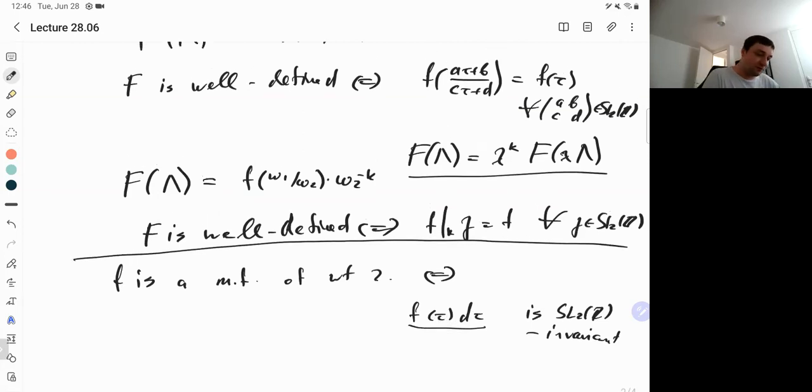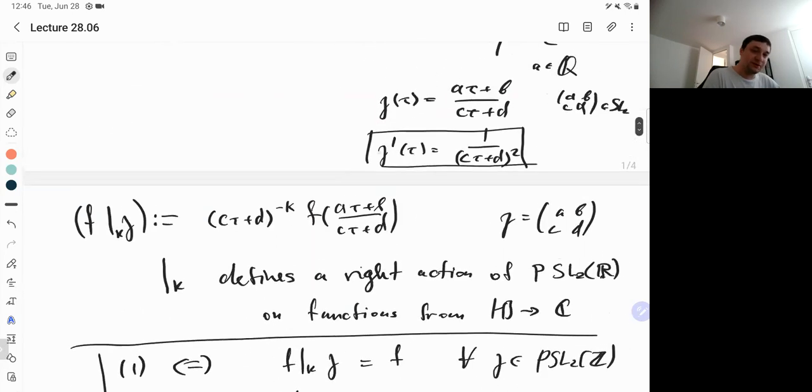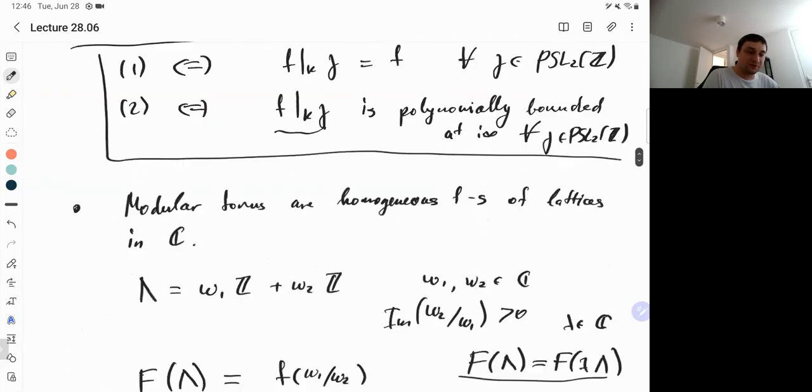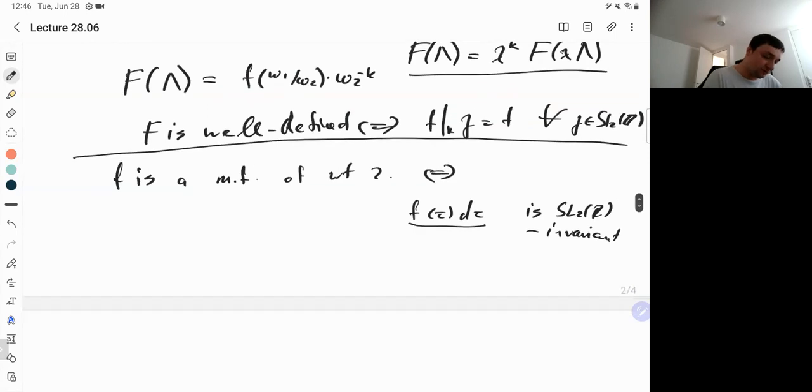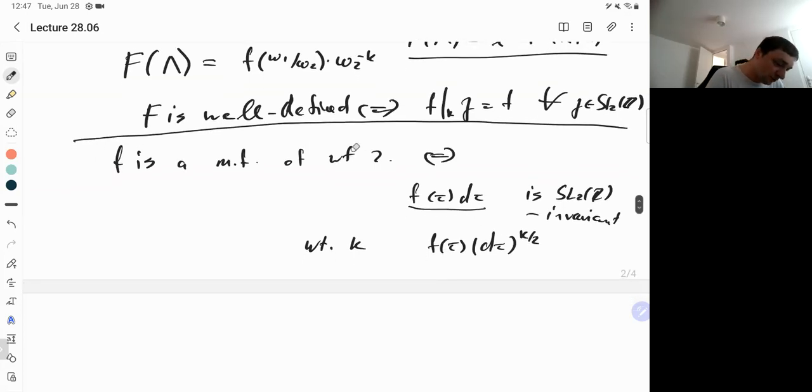This is the computation I did here: the derivative of the Möbius transformation is c tau plus d to the power minus 2. And analogously, for weight k, formally you can think about this as an object of this type. You don't have to think too much about what this actually means. You think about this as some formal expression, but you can interpret it as a section of some line bundle. But that's maybe a little bit more highbrow than what I want to do.